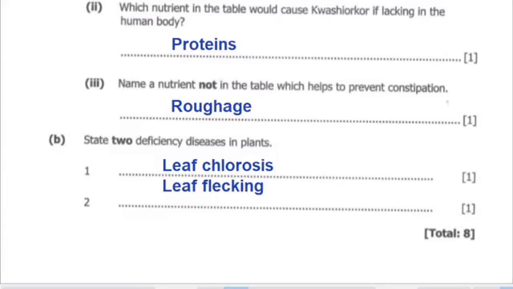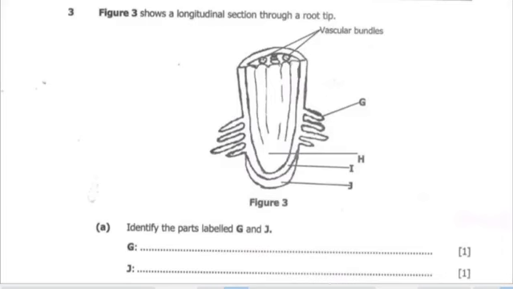Let us now move on to our last question, which is question 3. Question 3 reads: Figure 3 shows a longitudinal section through a root tip. So this is figure 3, which is showing a longitudinal section through a root tip.